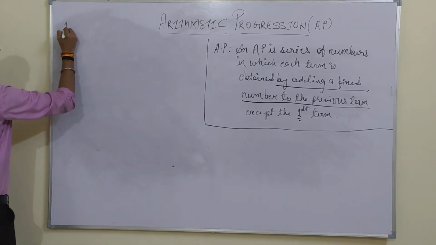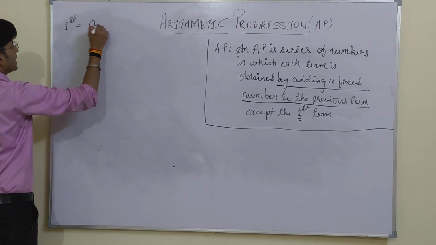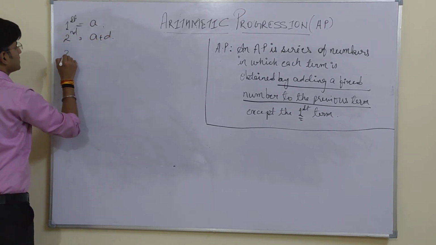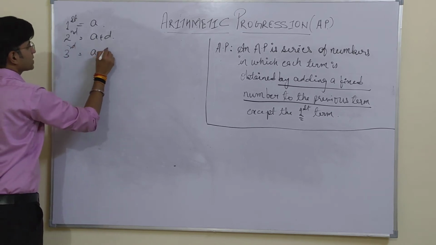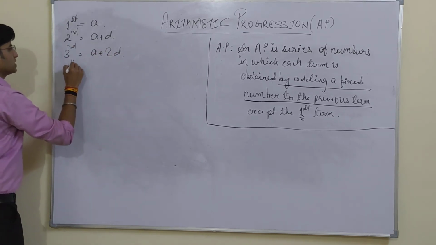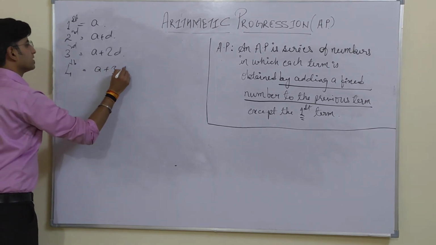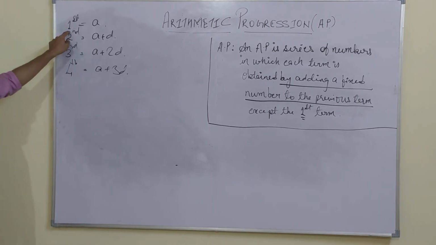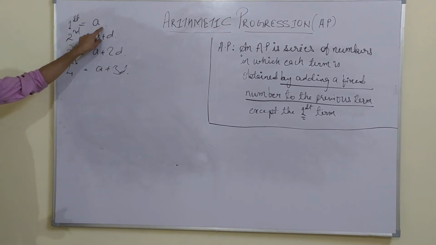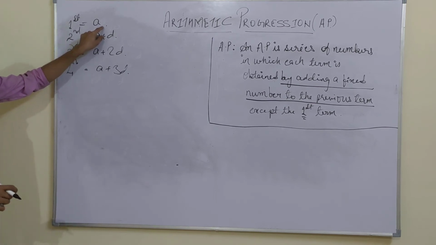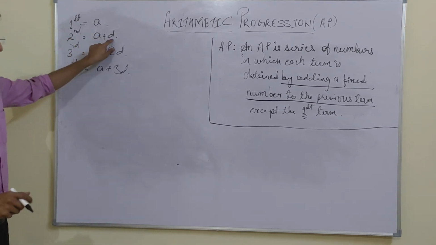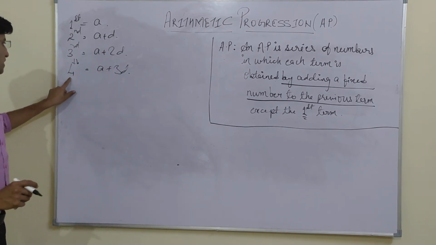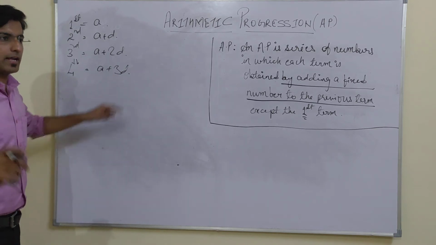The first term is a, the second is a plus d, the third term is a plus 2d, the fourth is a plus 3d. Here you can observe that in the first term d is not added, or you can say d is added 0 times. In the second term d is added only once. In the third term d is added twice. In the fourth term d is added thrice, or 3 times.